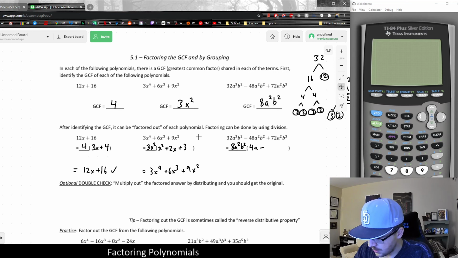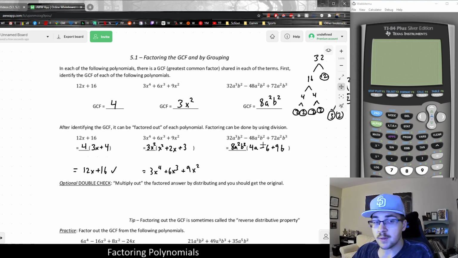Negative 48 divided by 8 would leave me with negative 6. A squared would cancel, b squared would cancel. And 72 divided by 8 would leave me with 9. A squared would cancel, b cubed divided by b squared would leave me with b to the first, or just a lone b.